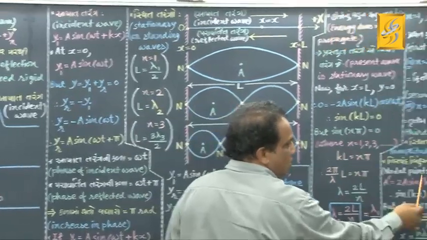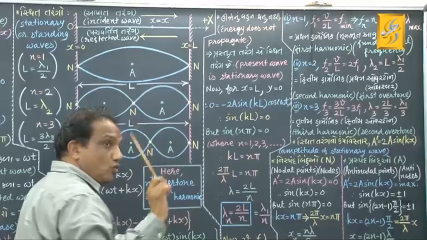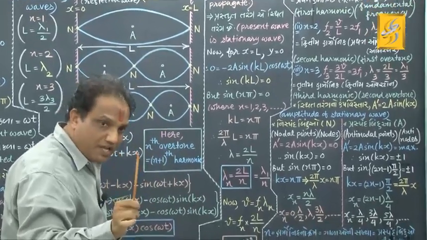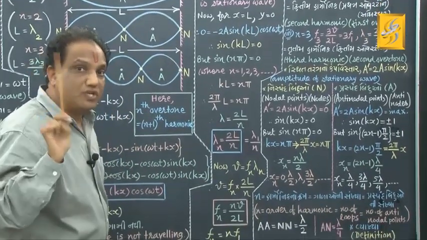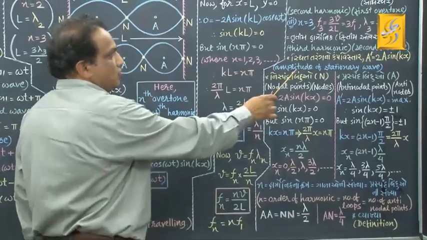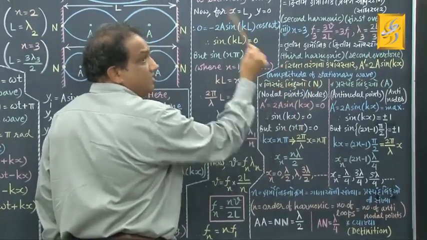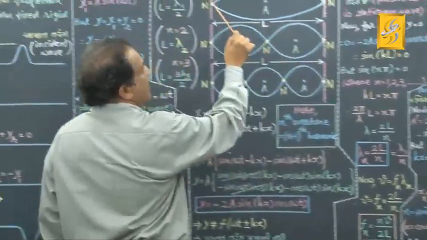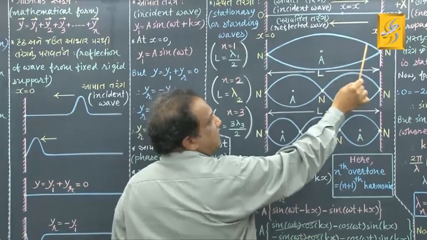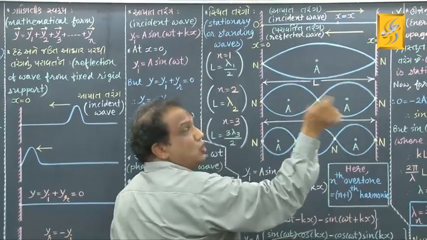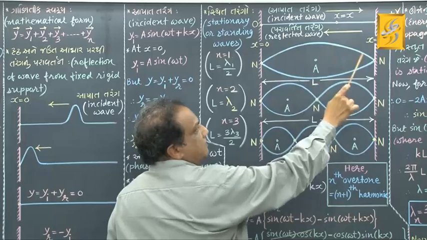Nodal points or nodes are those positions along the length of the string at which the amplitude of oscillation is 0. They are shown by symbol capital N in the figure. You can see amplitudes of oscillation for such particles are 0. They are called nodes. That's why I am putting N, correct?